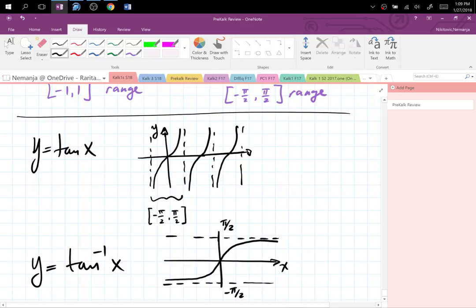That graph is going to pop up in your chapter 2 already. So it's a graph to know, and it's going to persist through Calc 2, Calc 3, differential equations, and so on. So if you don't know the inverse tangent graph, you really need to know that one.